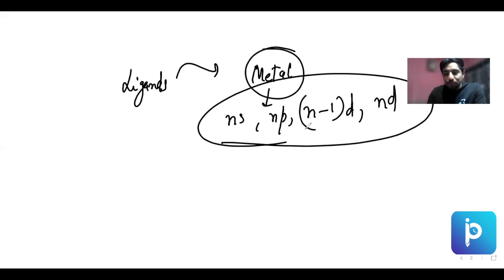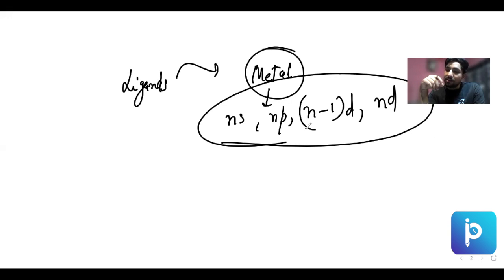Okay, so this theory says that the ligands are utilizing the orbitals of this metal in order to do the bonding properly.